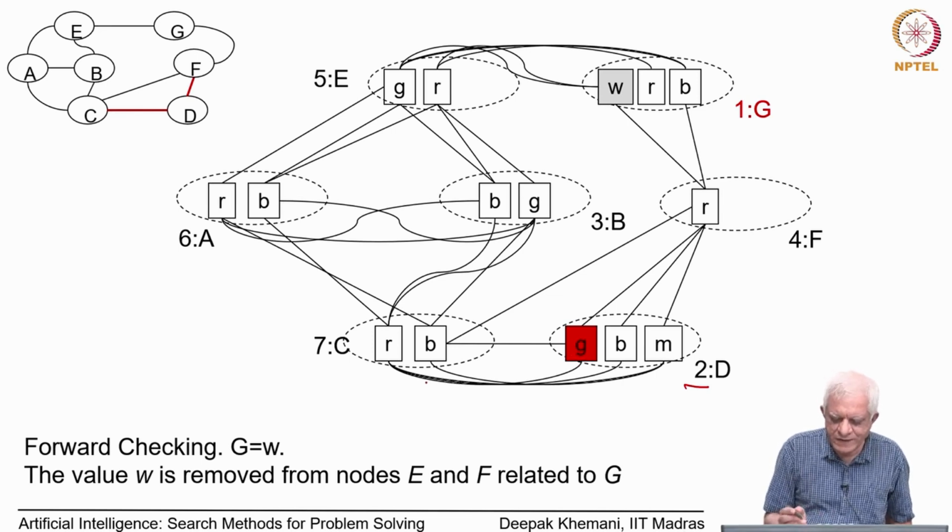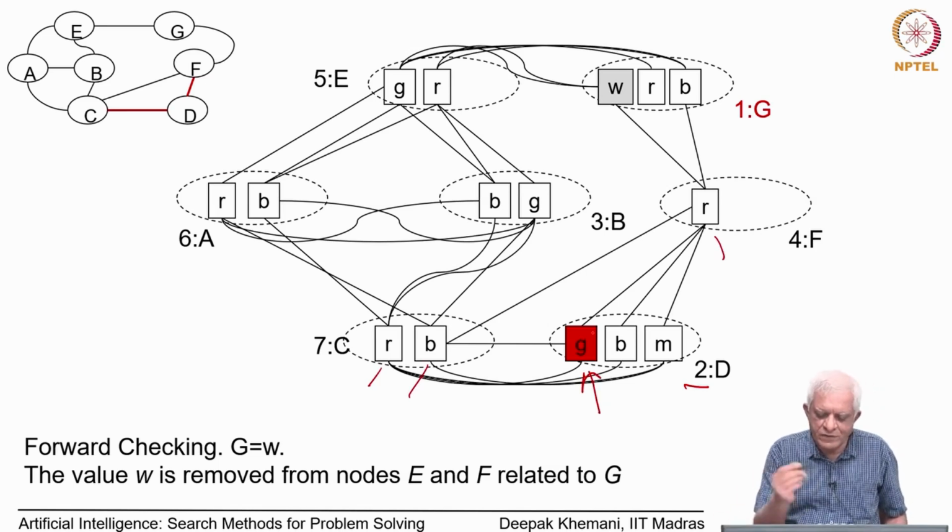So, we will move ahead. The variable D is connected to F and C, and you can see that they have values. If you choose G for D, you can choose R or B for C, and you can choose R for F. So, G is fine, we do not need to prune anything in the future.